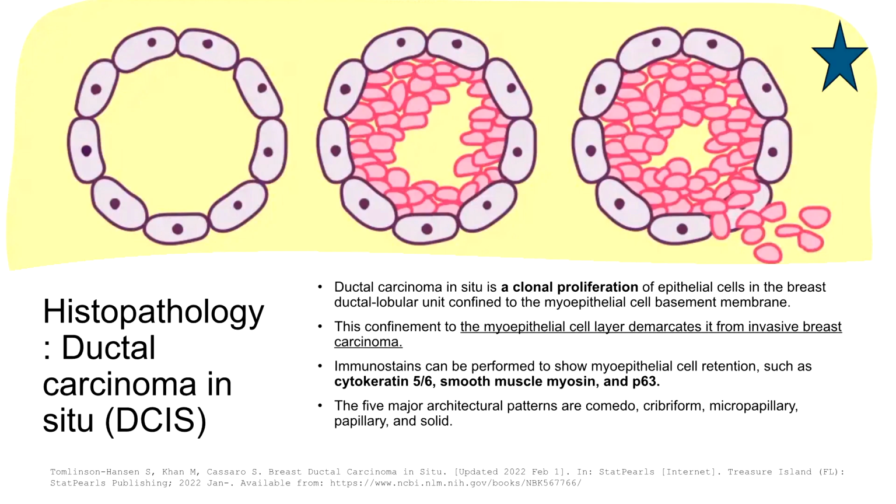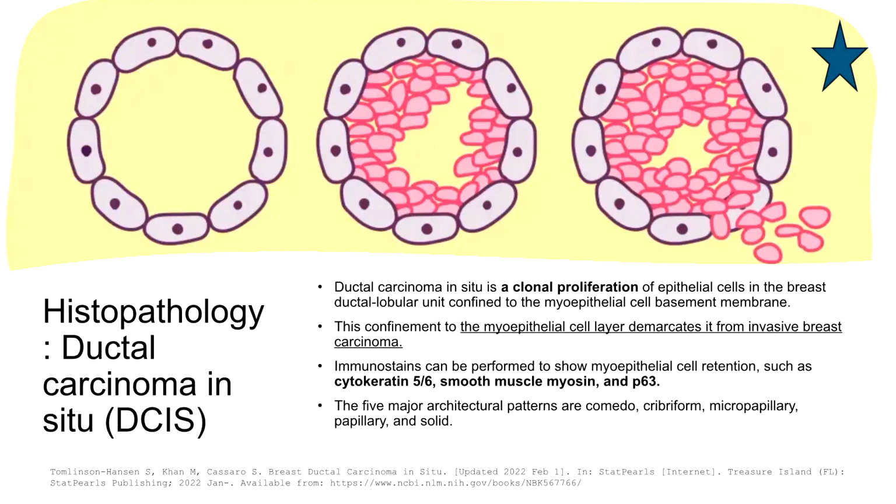So the ductal carcinoma in situ is a clonal proliferation, which means that it comes from one cell, epithelial cells of the breast, specifically of the ductal lobular unit. And they stay confined in the myoepithelial cell basement membrane.